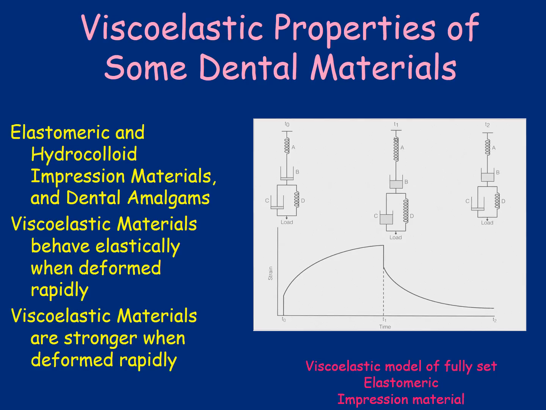Some examples of viscoelastic dental materials are elastomeric and hydrocolloid impression material and dental amalgam. Now, viscoelastic behavior depends, as we mentioned, on the time and the rate of deformation. If they deformed rapidly, it will behave elastically, and this will make the material stronger, and the opposite is true.